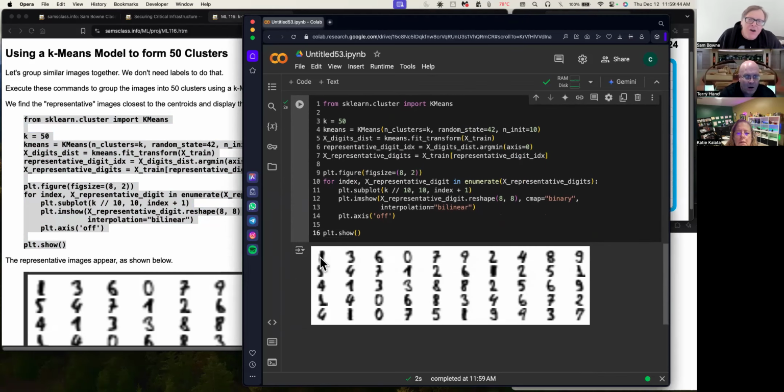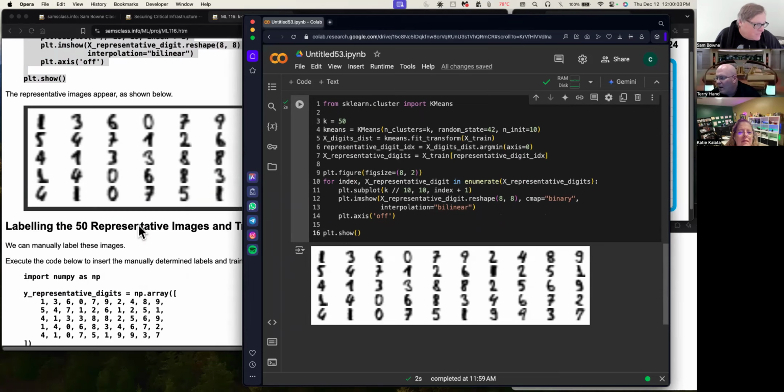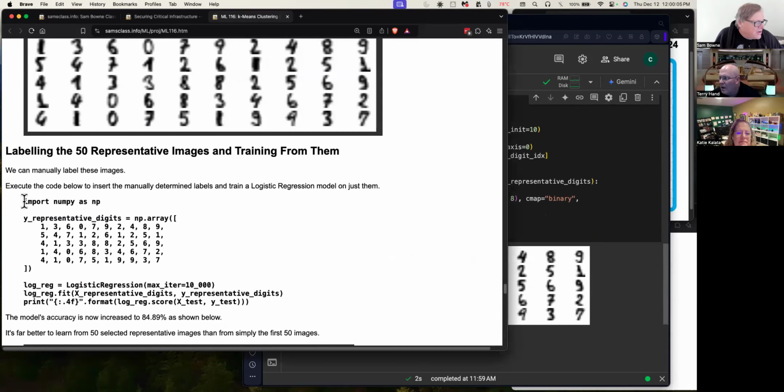And these are now not the first 50 images or 50 random images. These are the images closer to the center of each cluster. These are the archetypical images, and all other images are nearly equal to these. So now I pay a human to label these 50 archetypical images. And that's what's here, those particular numbers.